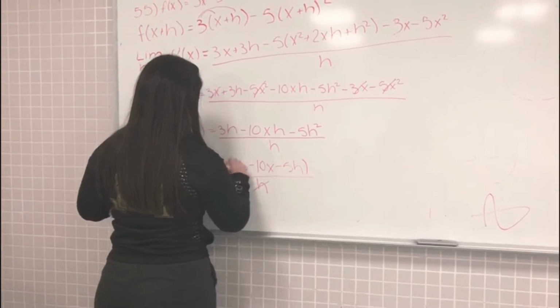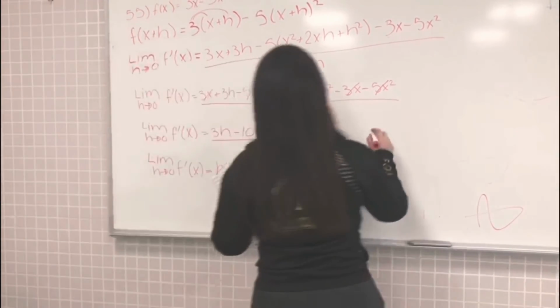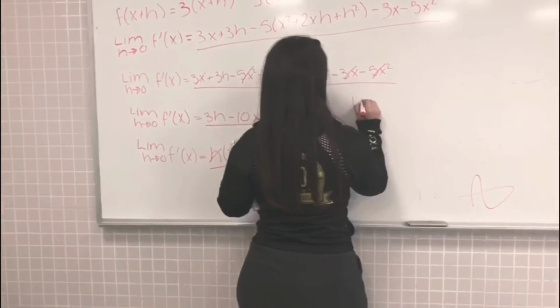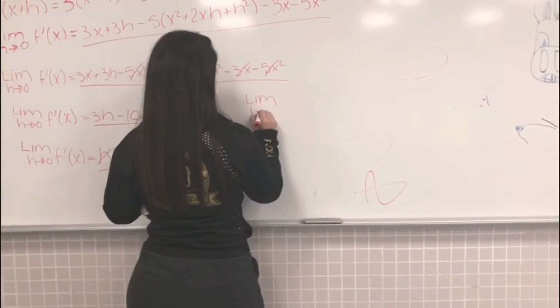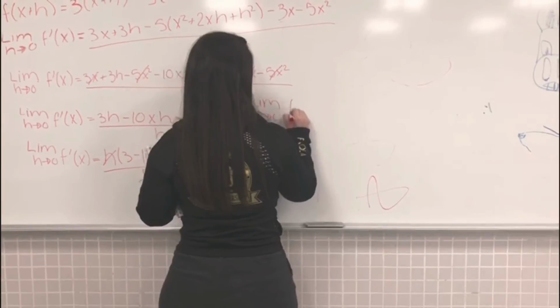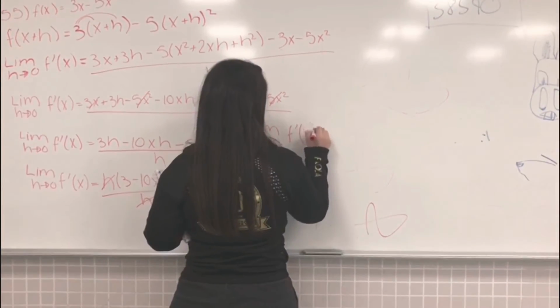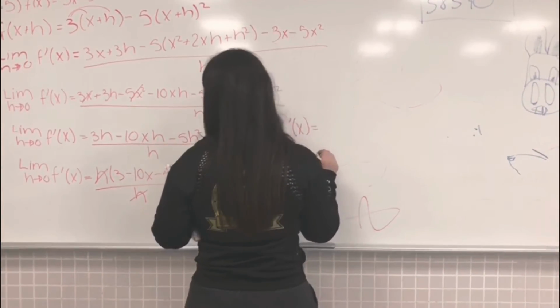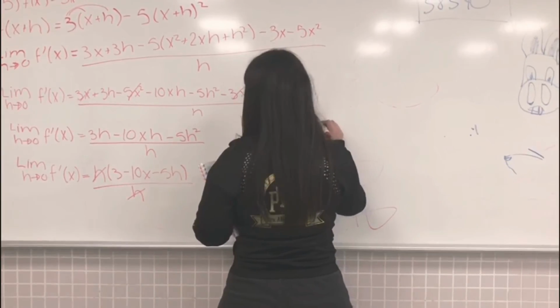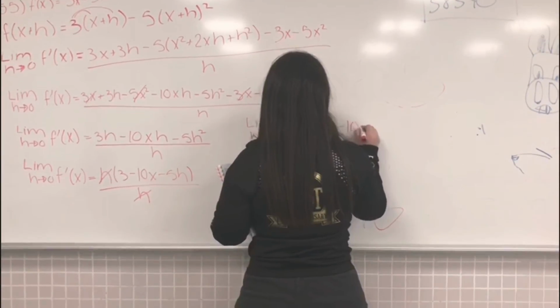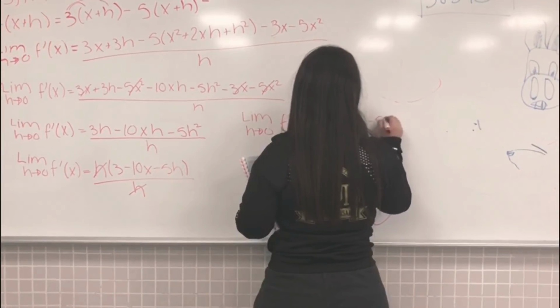And we will cancel the h, and then we will have the limit as h tends to 0 of f prime of x. And now we will start substituting that we have 3 minus 10x minus 5h.